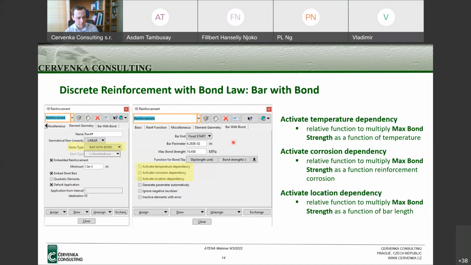And finally, there is location dependency, which for each bar can determine along the length of the bar how strong the bond is. With this function, it can even be deactivated at some part of the reinforcement.